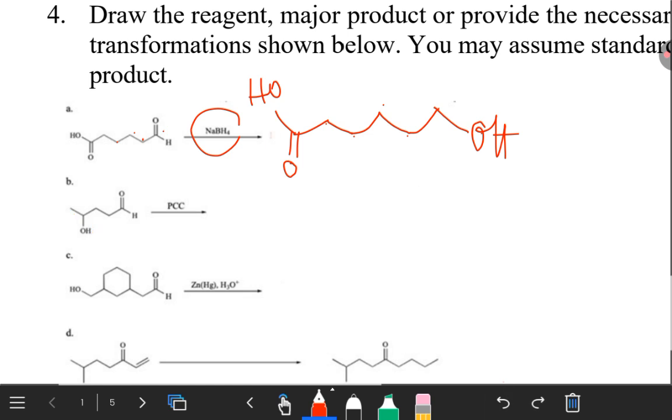for this group, since we have PCC, and we have a secondary alcohol, sorry, it is not a reducing agent but an oxidizing agent.